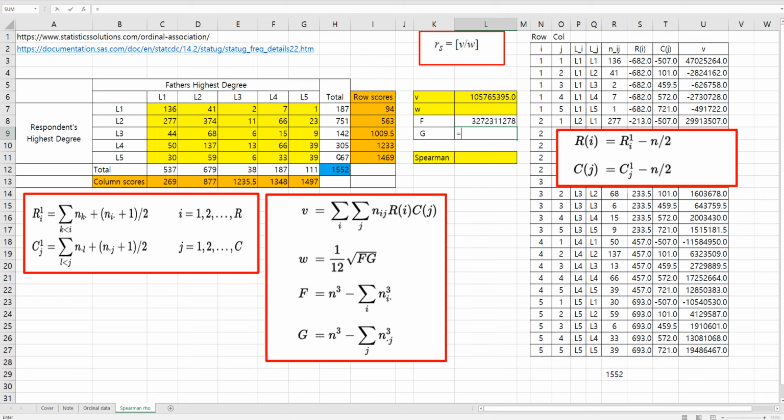And G can be calculated by the same approach. Then W can be calculated by the square root of F times G divided by 12.